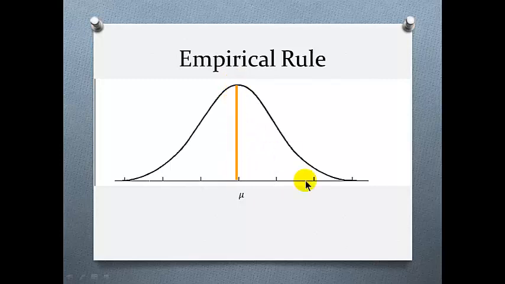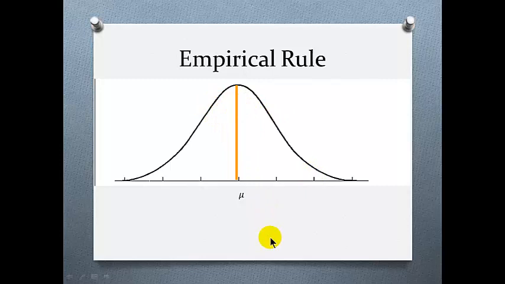Notice it's really tall. And the farther from the mean you get, the fewer and fewer frequencies. The idea is if the average height is 65 inches, most people are going to be around 65 inches. A few people are going to be short and a few people are going to be tall, but most people are in here in the middle.